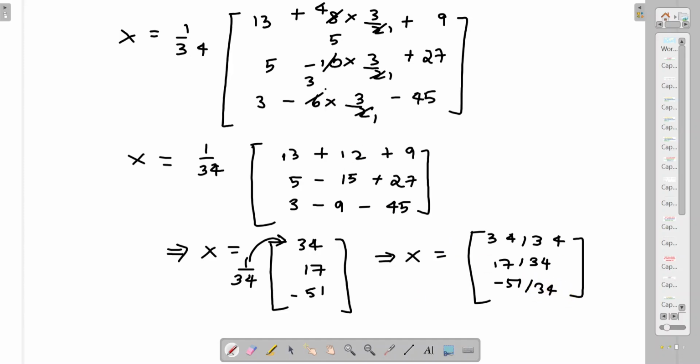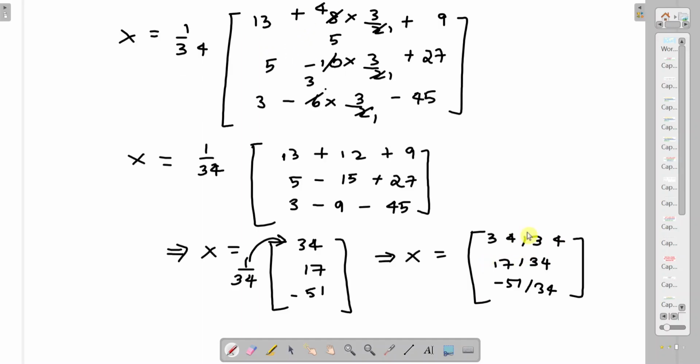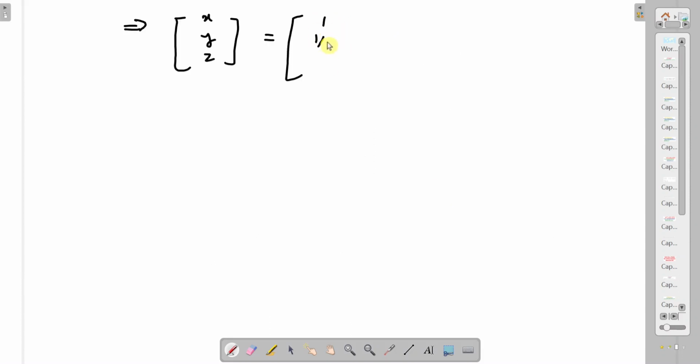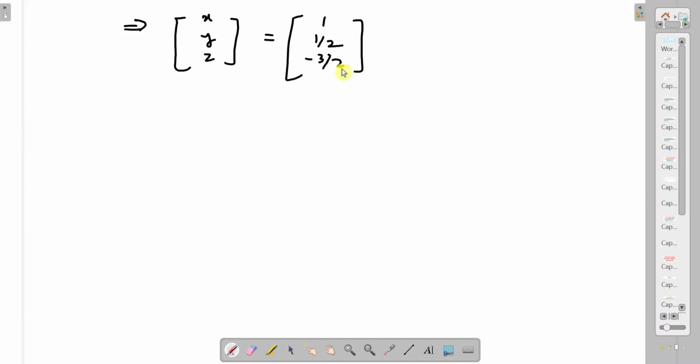So capital X is actually the matrix X, Y, Z. This will be equal to the matrix: 34 by 34 is 1, then 17 by 34 is 1 by 2, since 17 2s are 34, and 17 3s are 51, 17 2s are 34, so minus 3 by 2. So what we are getting is X is equal to 1, Y is equal to half, and Z equal to minus 3 by 2. This is the answer.